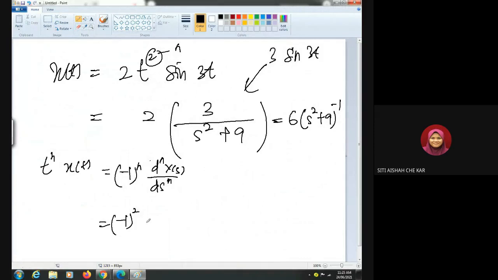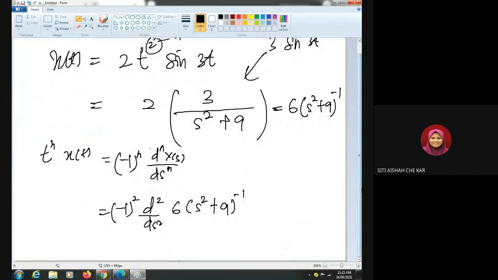Kena differentiate sebanyak 2 kali. Okay. Differentiate ni you dah belajar dalam kalkulus. Saya tak perlu ajar, cuma untuk refresh lah. Okay, so negatif 1 kuasa 2 1 lah. So tak perlu tulis. So mula-mula kita differentiate dulu the first time.